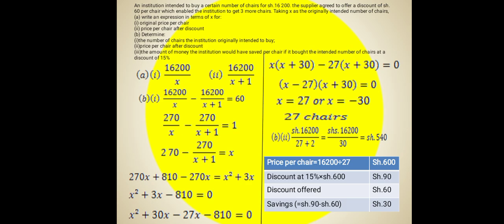Part 2: the price per chair after discount. The price per chair after discount will be 16,200 divided by x plus 3. Now, Part B: determine the number of chairs the institution originally intended to buy.